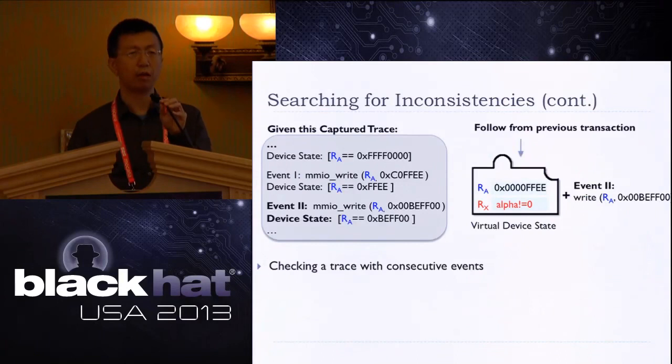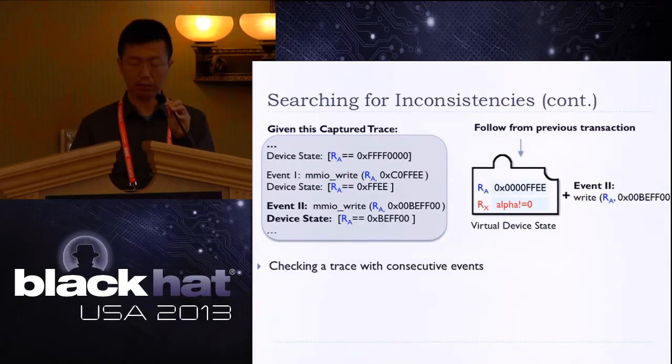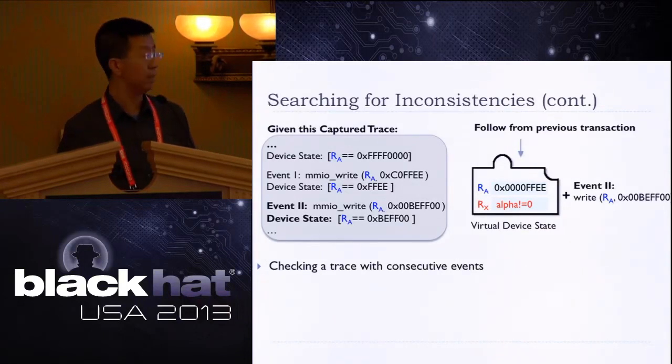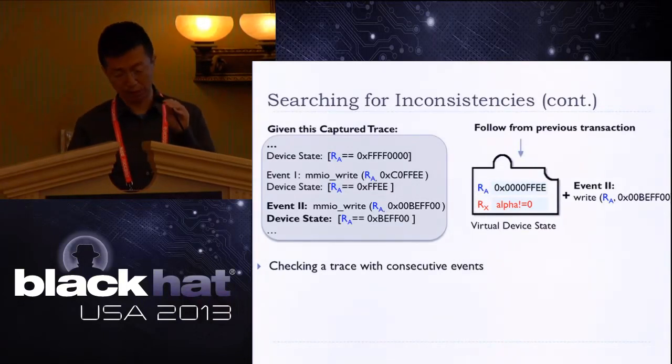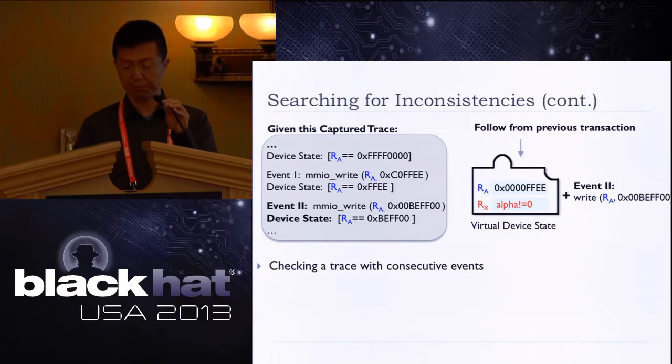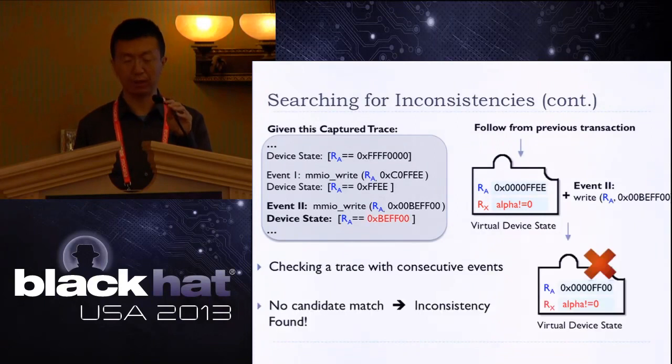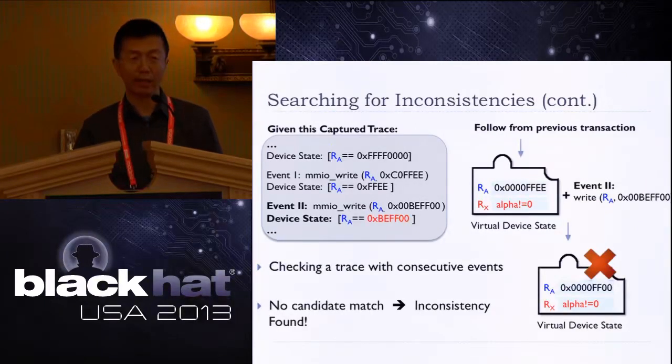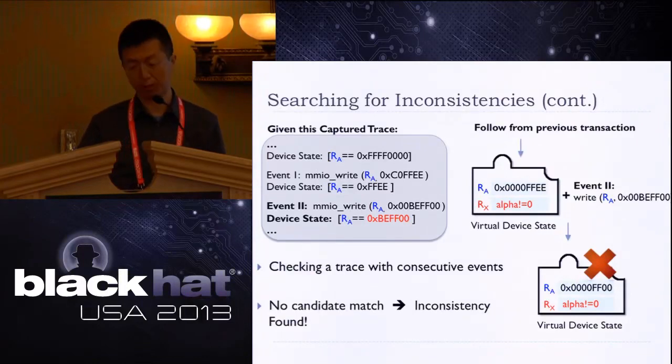Now, suppose in the physical device you have a sequence with the final device state and I/O showing as BEEF, and you follow your execution and find that by enumerating all the possibilities, there's no way your virtual device is going to have that state. Then you can conclude there's an inconsistency.